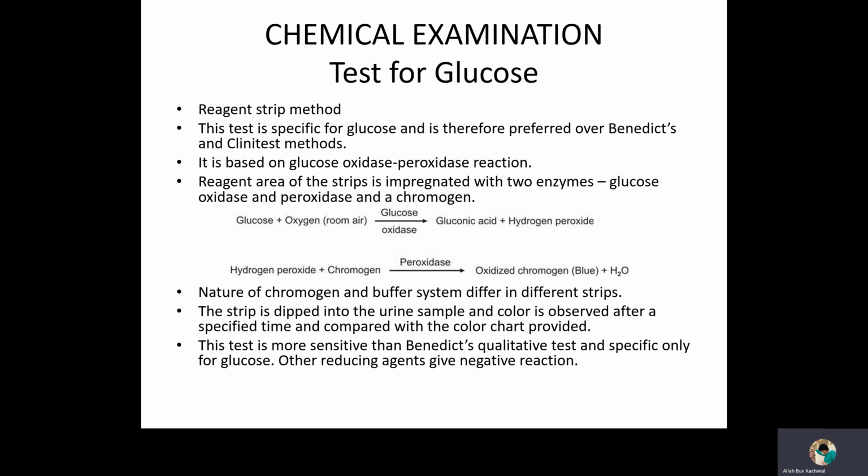The strip is dipped into the urine sample and color is observed after the specified time and compared with the color chart provided. This test is more sensitive than the Benedict's qualitative test and is specific only for glucose. Other reducing agents give a negative reaction.